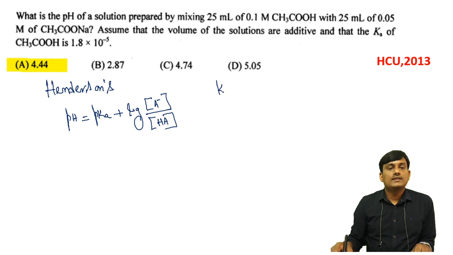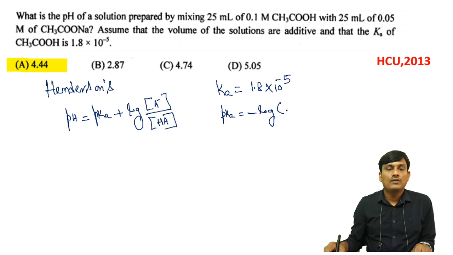Here Ka is given, Ka is equal to 1.8 into 10 to the power of minus 5. So pKa is equal to minus log 1.8 into 10 to the power of minus 5, which is around 4.74.